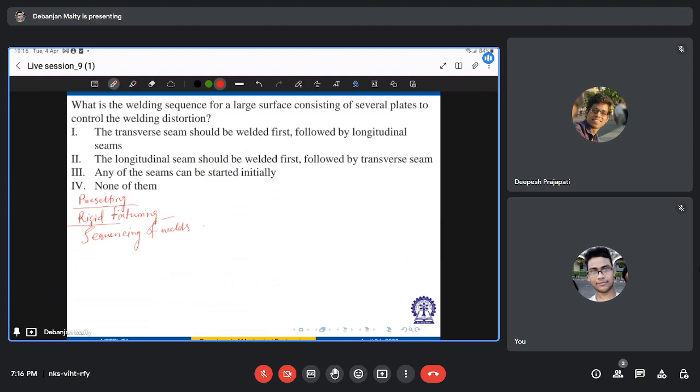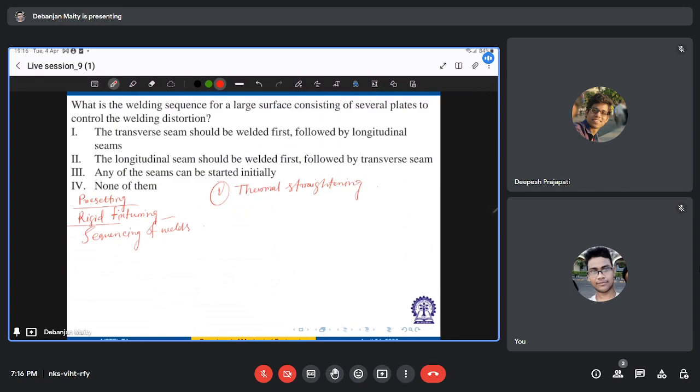So once this distortion takes place, you should remediate that distortion, right? There are two options. What are those? One is thermal straightening, using heat to compensate for this expansion or contraction.